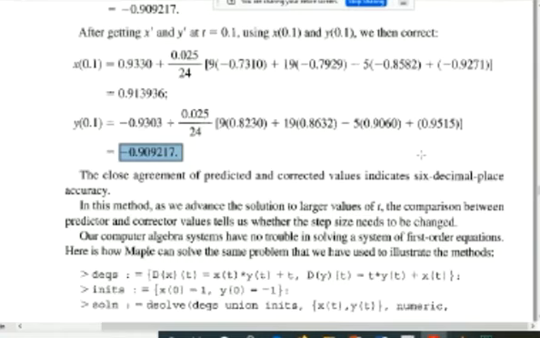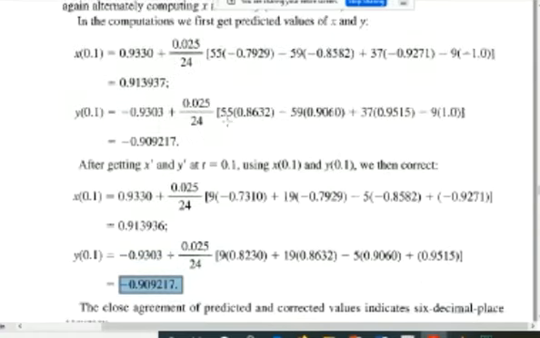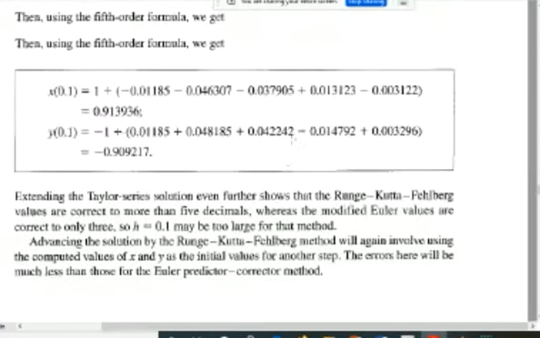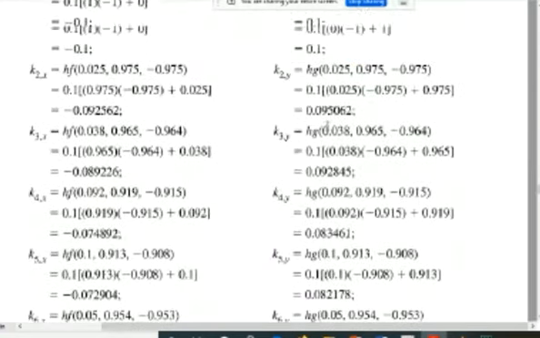Let me highlight this point: all of these algorithms, for example, multi-step, Adams-Moulton, and Runge-Kutta, these computations are time-consuming, and we cannot do this by hand.